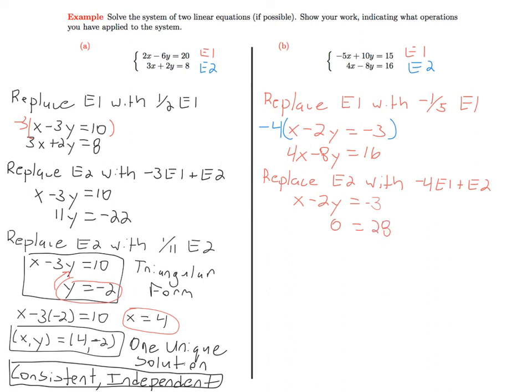And now we see something strange, which is this weird contradiction over here. So this is certainly not true. 0 does not equal 28, and there's no values of x and y that are going to make this equation true. So that tells me that this system has no solution.